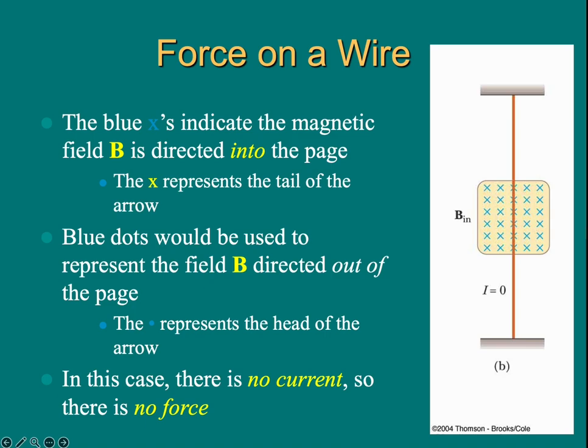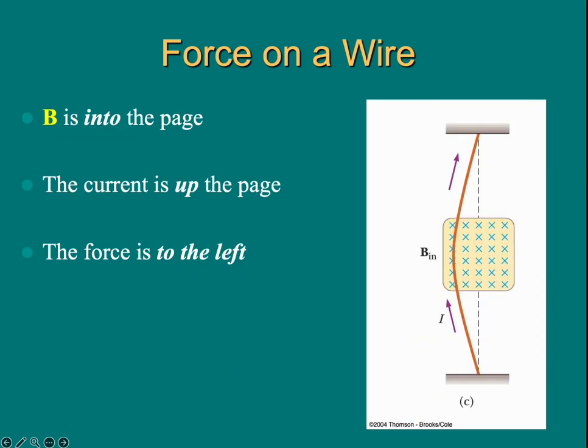And if we use dots, it indicates the magnetic field is directed out of the page. A dot represents the head of the arrow. If there's no current, there would be no force.